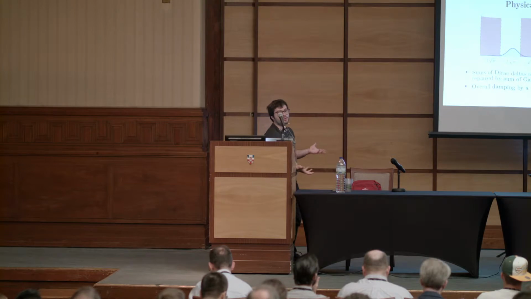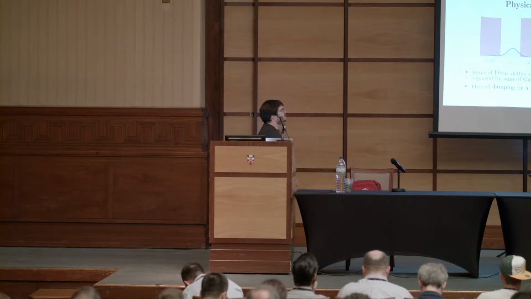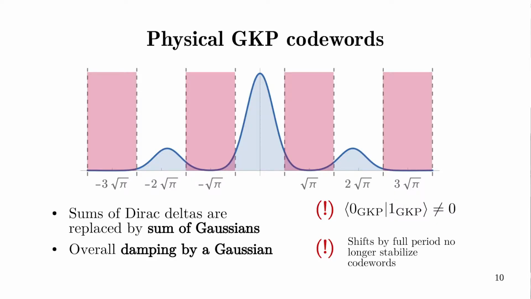The first problem is that, as we can see here, our 0 is leaking into a 1 state. That means that our wave functions for our qubits are not orthogonal anymore. And this overall damping by a Gaussian kills the periodicity of our states, meaning that shifts by a full period no longer stabilize code words.